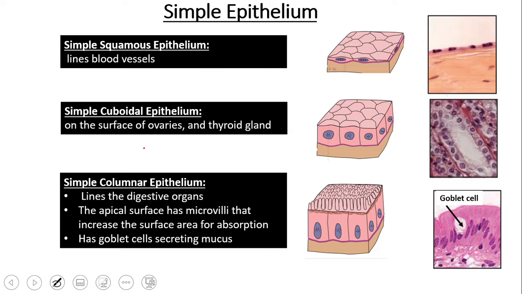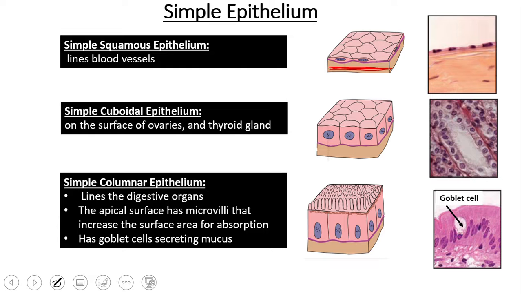The epithelium can be simple or stratified. The simple epithelium has one layer of cells above the basement membrane. So here is the basement membrane, and above that basement membrane, there is only one layer of cells. Now, the simple epithelium can be classified depending on the shape of the cells.